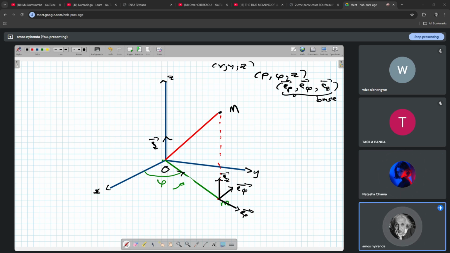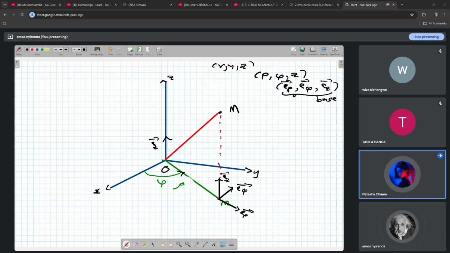So that's why I put a small m here at the bottom. And these vectors that are here present the direction of the projected m.